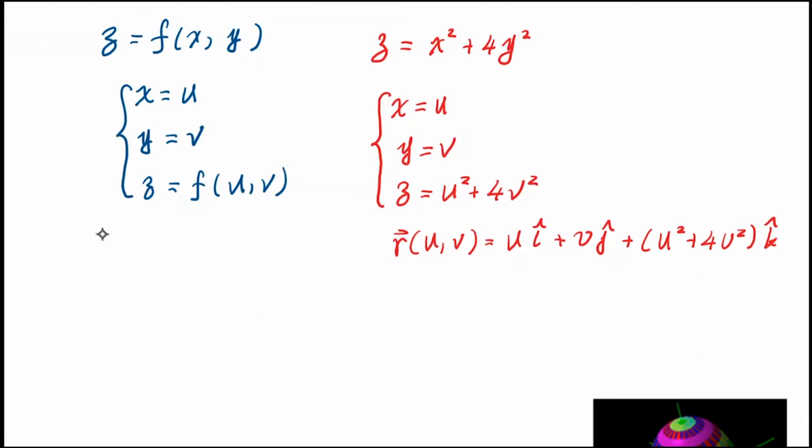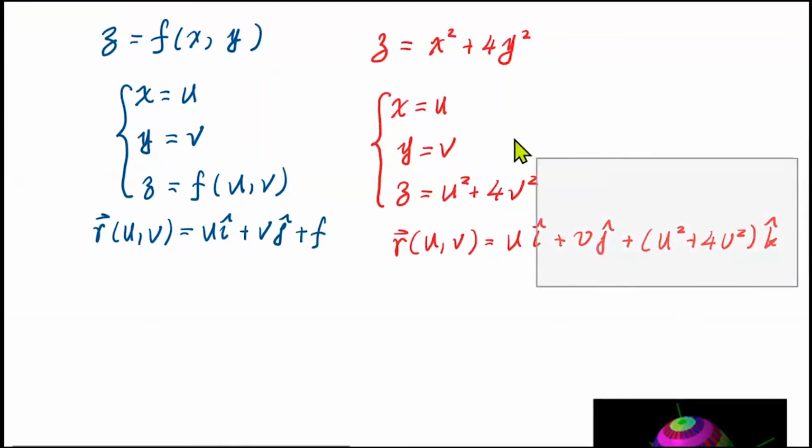So our vector function with U and V, which used to be a simple quadratic surface, is U i vector plus V j vector plus your F of U and V. I need a little more room. Why don't I move this thing over?